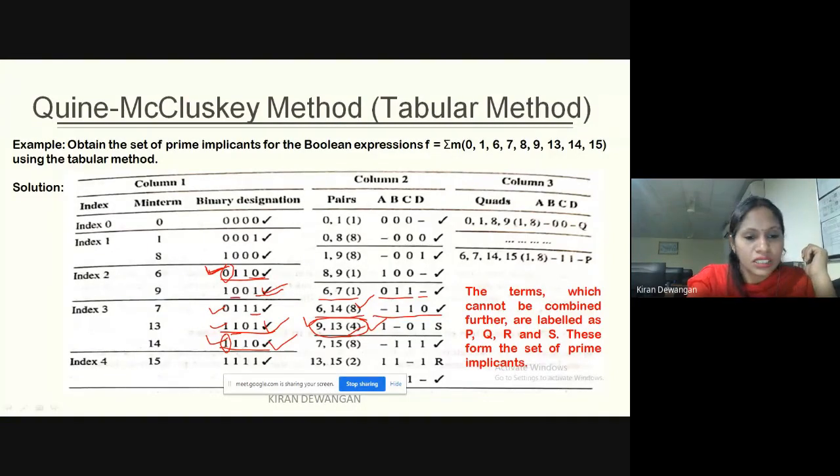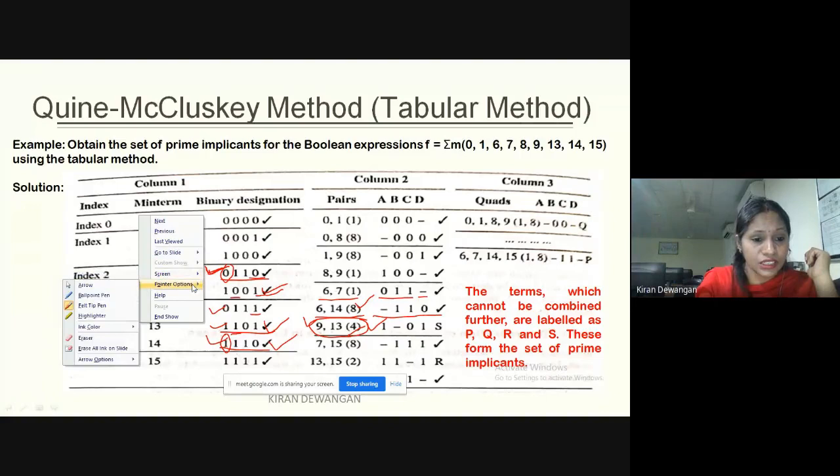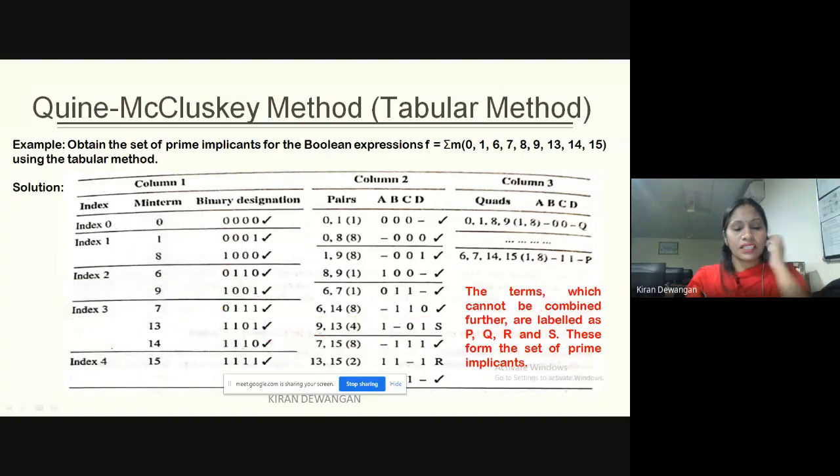Now we'll check index 3 and index 4. Almost everyone will form a pair. As we can see, 7 and 15 differ by only 1 bit.